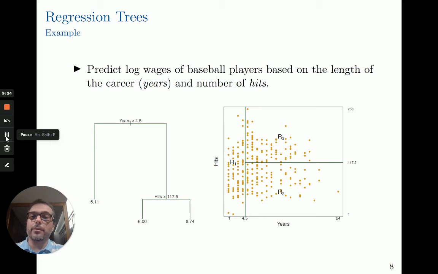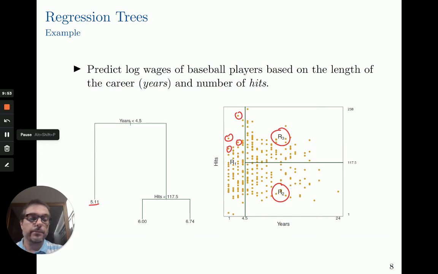The first one is for players with less than 4.5 years playing. So we come to that region, look at the wages for each one of these players here and take the average. The average log wage is 5.1. Then we do the same thing for R2 and the same thing for R3.